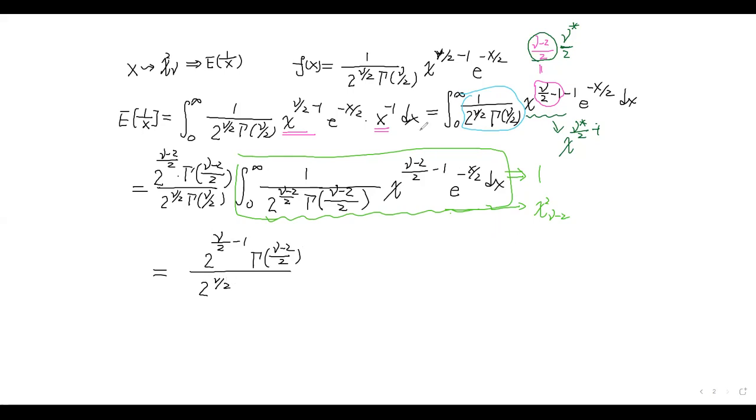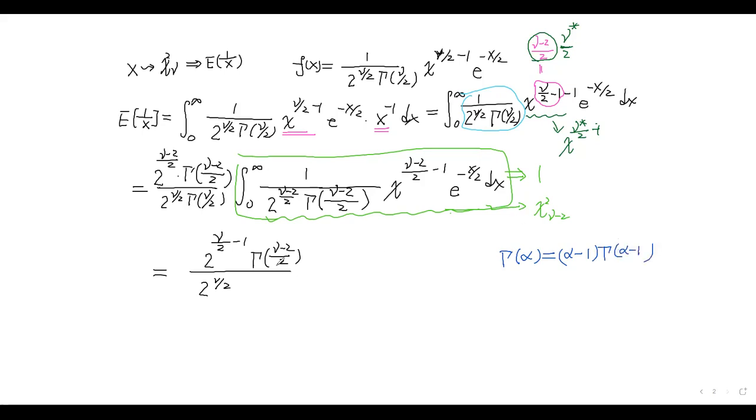Then here I'm going to use the gamma function's property. For the gamma function, gamma of alpha is alpha minus 1 times gamma of alpha minus 1.